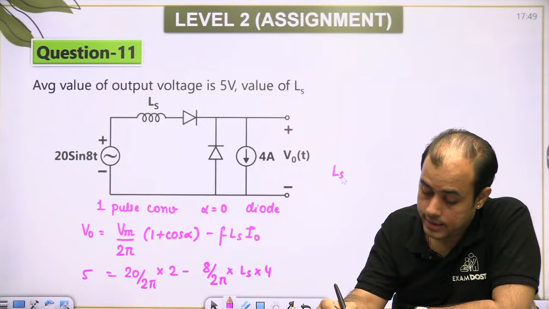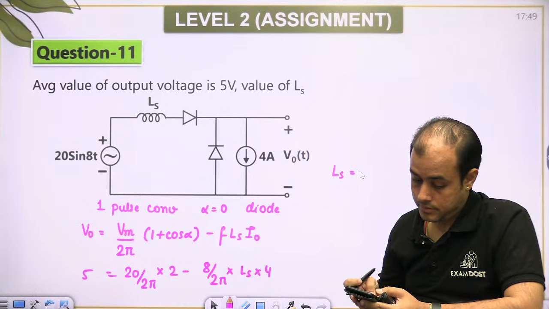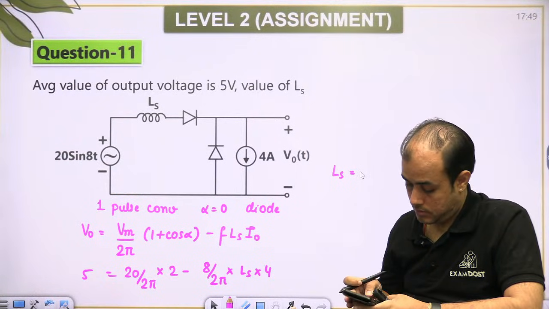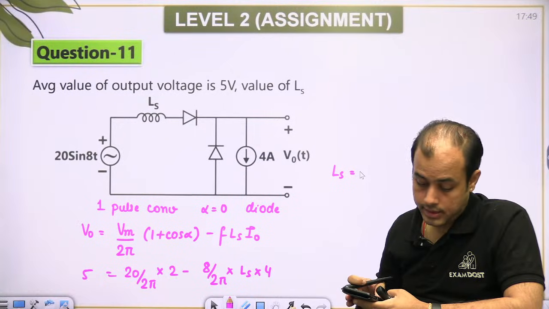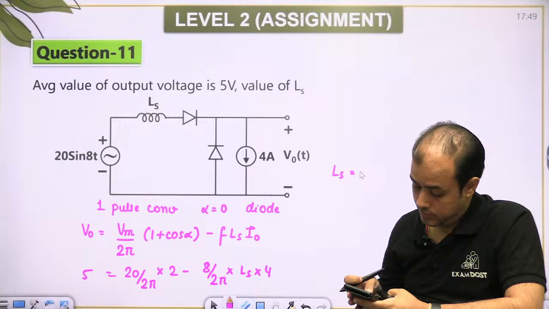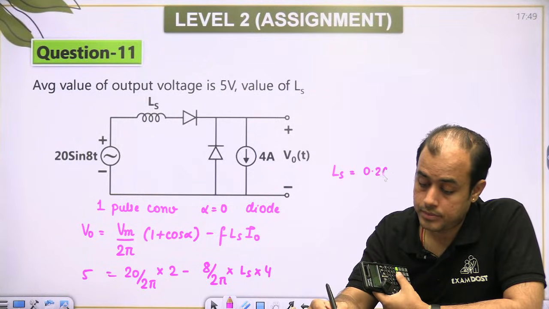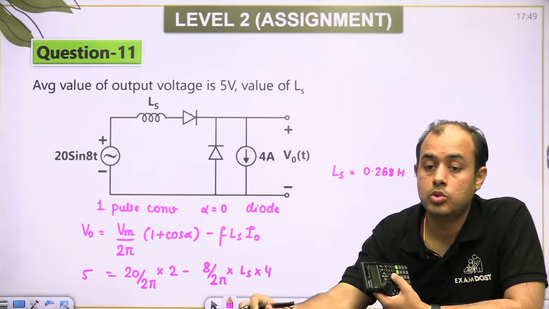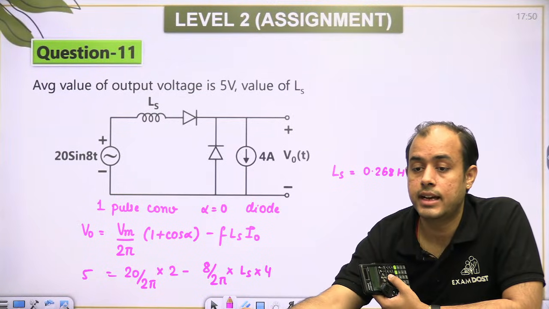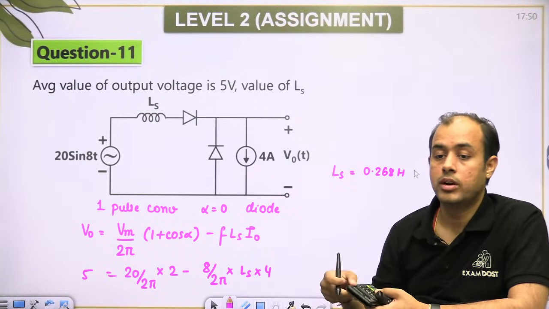So what is LS? 10 pi. 40 minus 10 pi divided by 32.268. 0.268 हेनरी. यही आ रहा है 0.268 हेनरी. बताइए. दिस इज व्हाट यू आर गेटिंग.